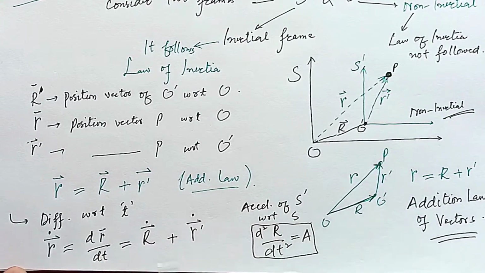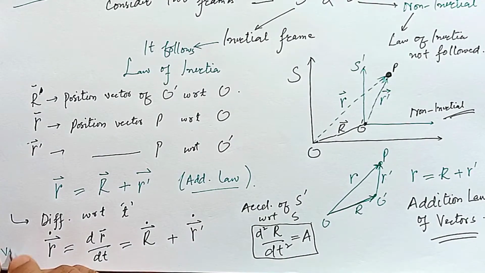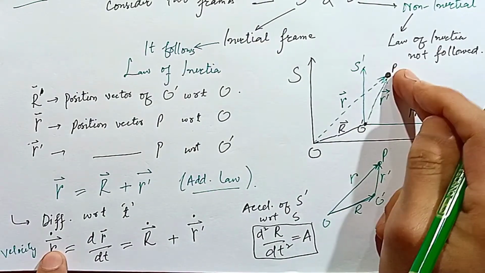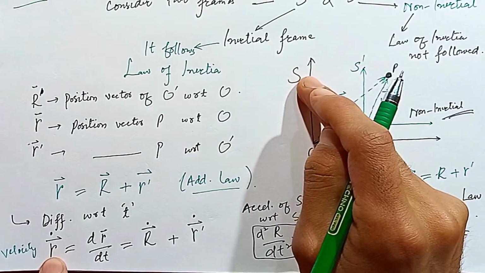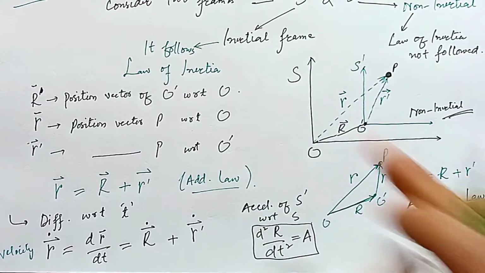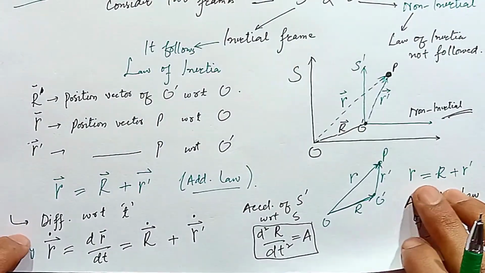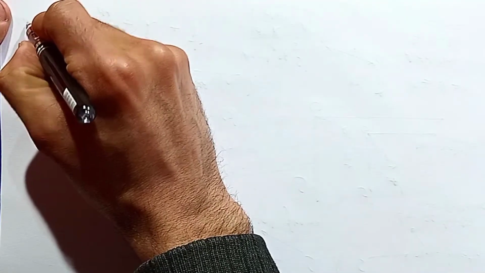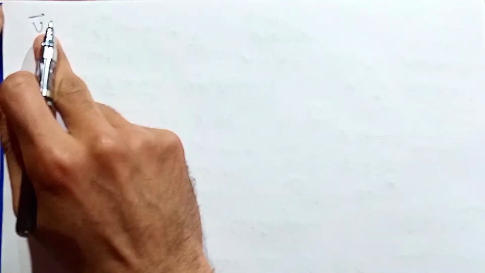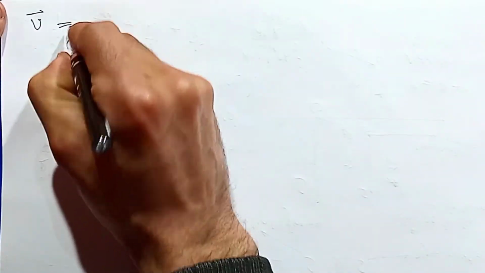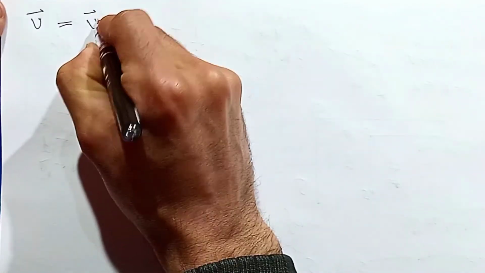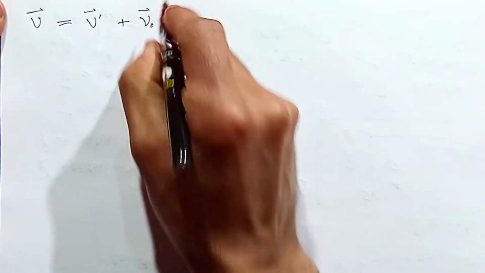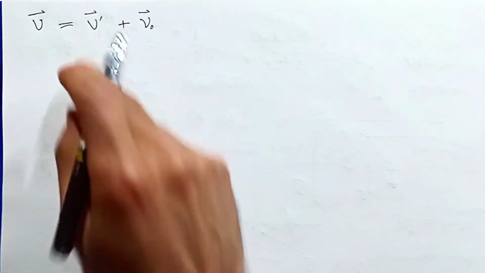This gives the velocity of the particle in the frame of reference S prime. Now we are concerned with acceleration. Till now we got velocity in the frame S equal to velocity in the frame S prime plus the velocity of the frame S prime with respect to S.